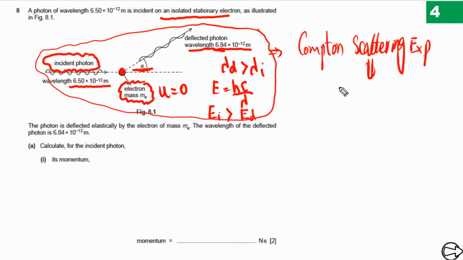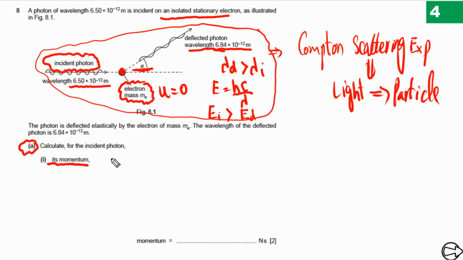This experiment showed that light behaves as a particle. Now let's try to answer part A. For part A, we need to calculate the momentum of the incident photon. Momentum is equal to h over lambda, where h is Planck's constant, which we can find from the data table, and lambda is the wavelength of the incident photon.